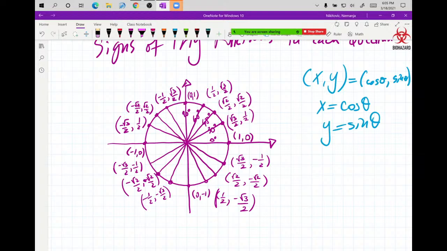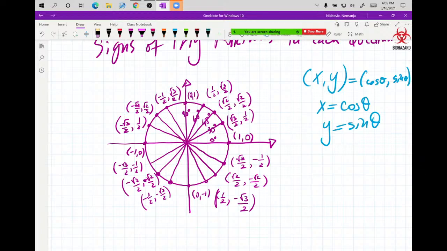So we skip to the next. Now, what do we see here? We see that all of the cosines are negative, right? Because the cosine goes on the x-axis. So cosine goes on x, right?